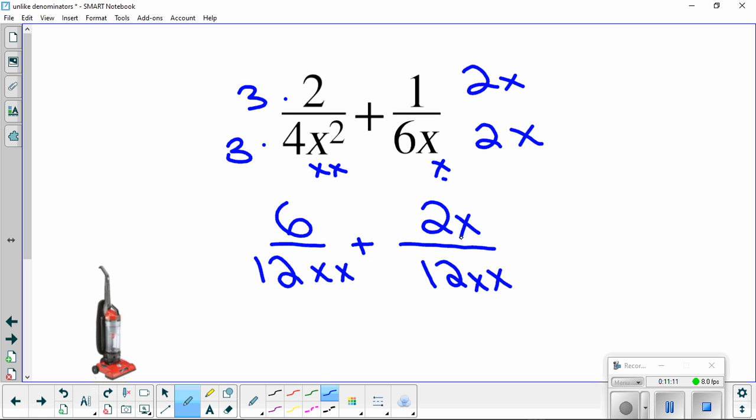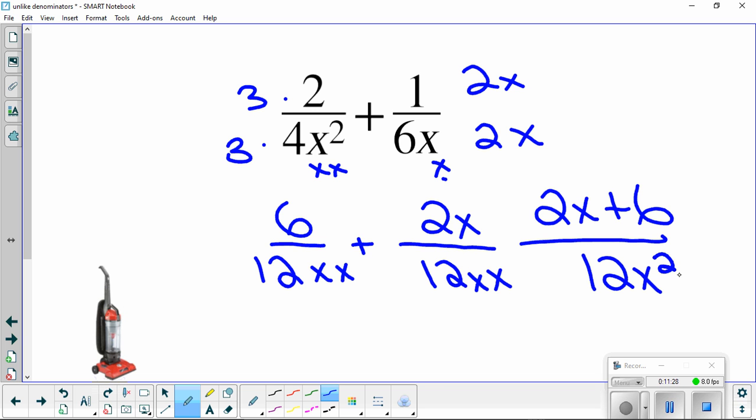Now, we've got a little bit of work to wrap this guy up. First thing is we can't do anything with the 6 and the 2x. They're not like terms, but we like letters first, numbers second. So let's write it like this: 2x plus 6 over 12x squared. Am I done?